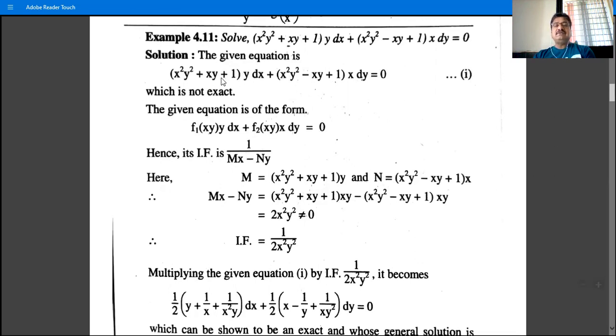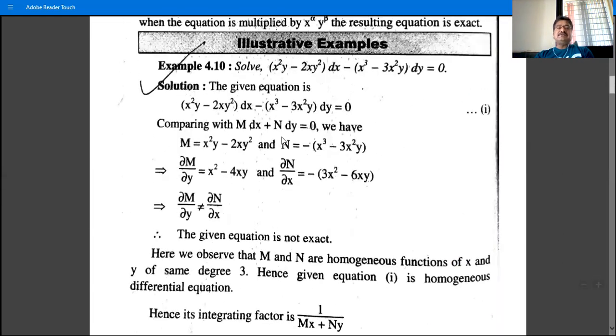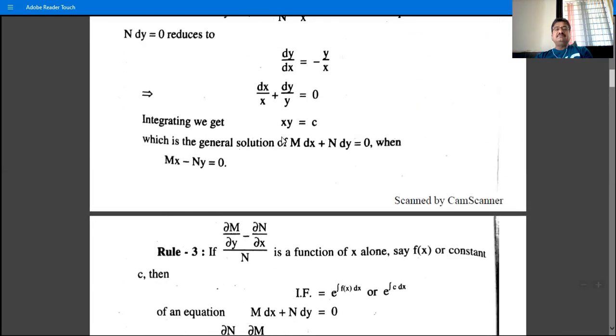So this is a function of xy, say f1(xy) y dx, plus again a function of x into y, suppose f2(xy), it is not f2(x, y), it is f2(xy), some function of x into y, x dy is equal to 0. So this is of this type.